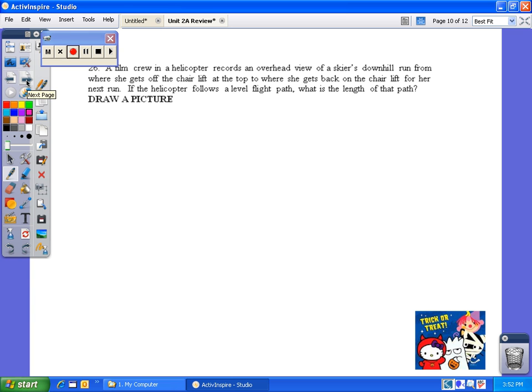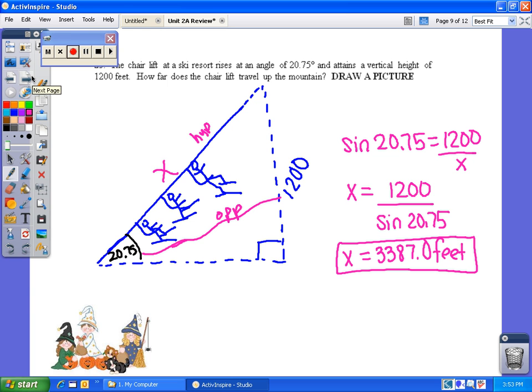Okay, last question. A film crew in a helicopter records an overhead view of a skier's downhill run from where she gets off the chairlift. So we just solved, so these are two related questions. We just solved that the chairlift's distance to the vertical height is 3,387.0 feet.